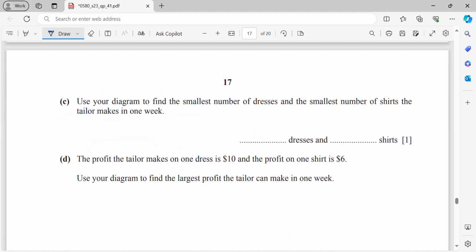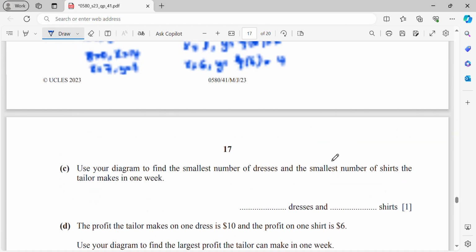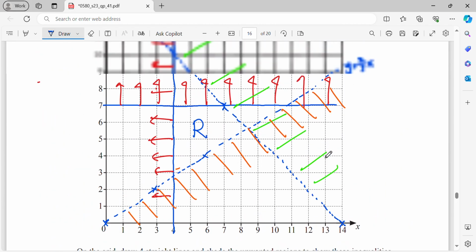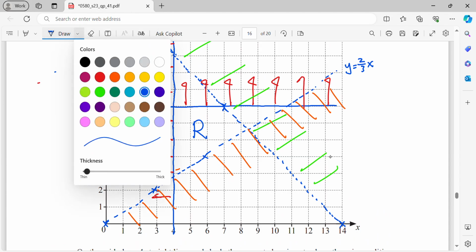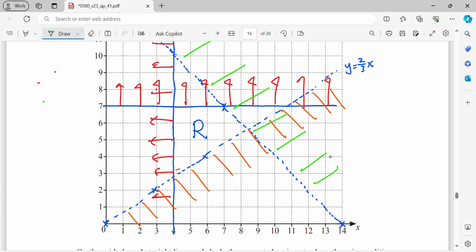Right, now use your diagram to find the smallest number of dresses and the smallest number of shirts the tailor makes in 1 week. So from here, now look at the diagram. We have a few points, (4, 3), here and here.